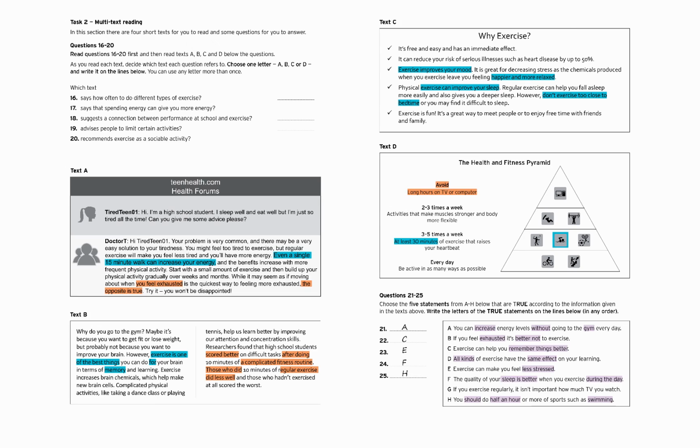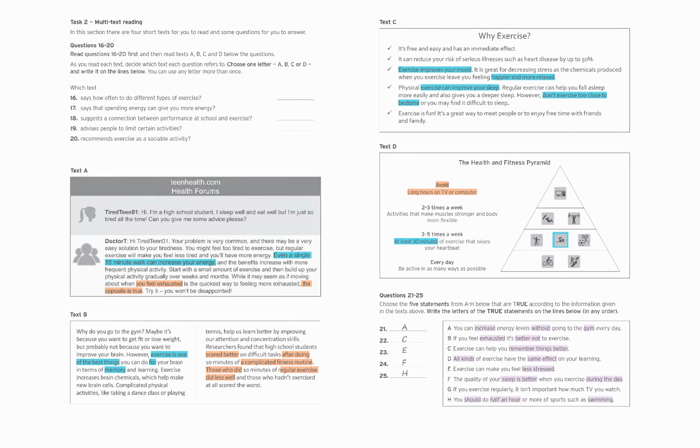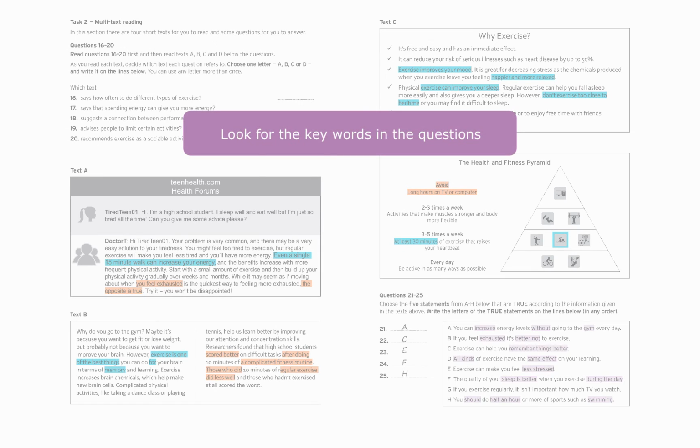So, let's just finish by thinking about the things we have learnt in this tutorial. First of all, you need to underline or circle the key information in questions 21 to 25.